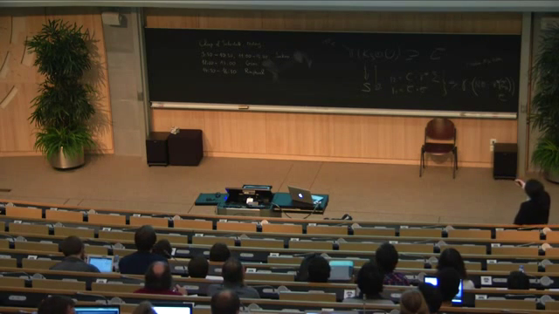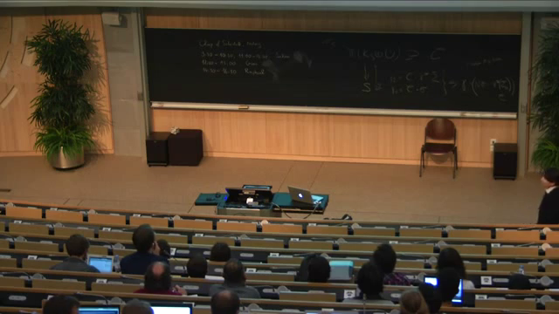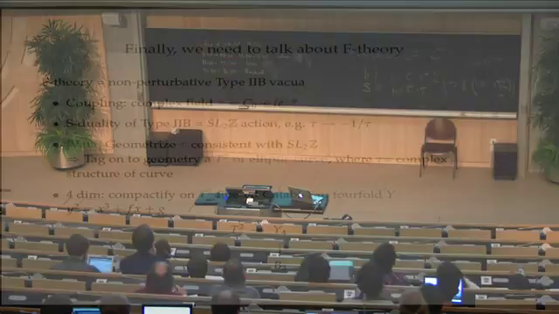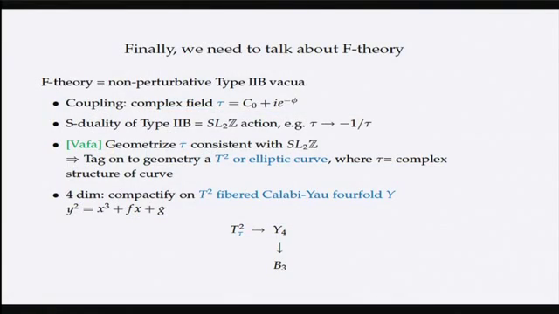Okay, so finally we need to talk about F-theory. I've been hiding this, as I said, because the setup we discussed so far is very general. Now we'll have to actually start talking about F-theory. In a one-line explanation, F-theory is really just a misnomer, a name for non-perturbative type 2B vacua.